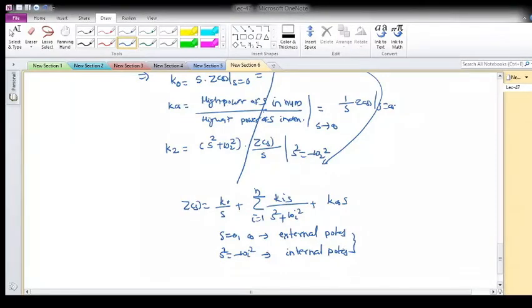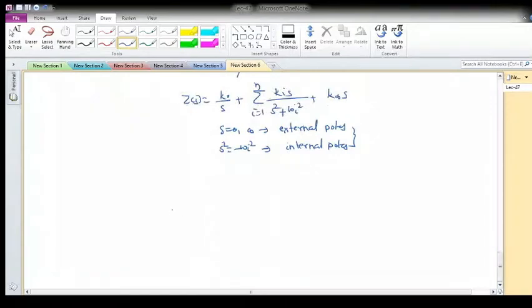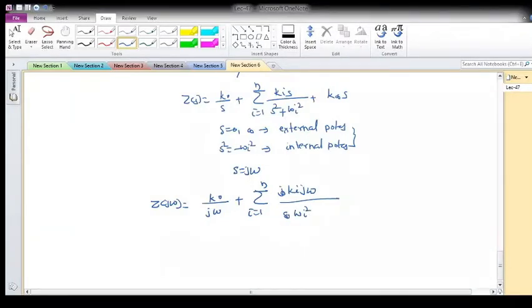Now with this, let me evaluate in the frequency domain whatever reactance or impedance we have written. Let me evaluate this at s equal to j omega. z of j omega will be equal to k0 upon j omega plus the addition from i equal to 1 to n of ki j omega divided by omega i square minus omega square, plus k infinity j omega.